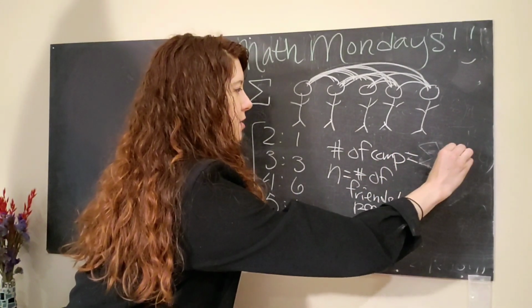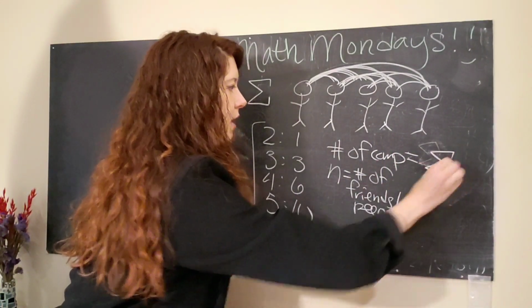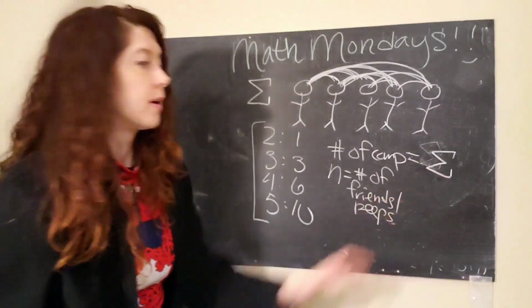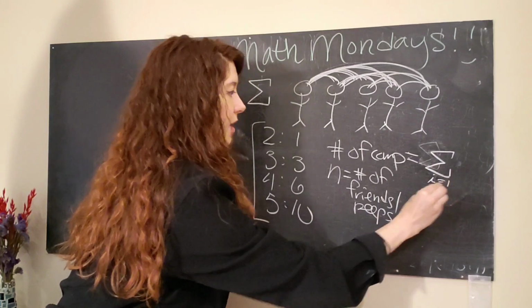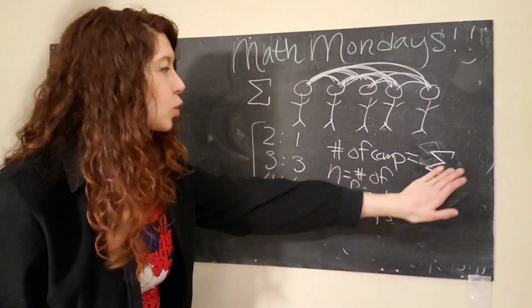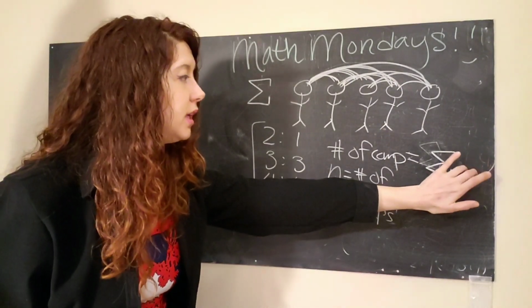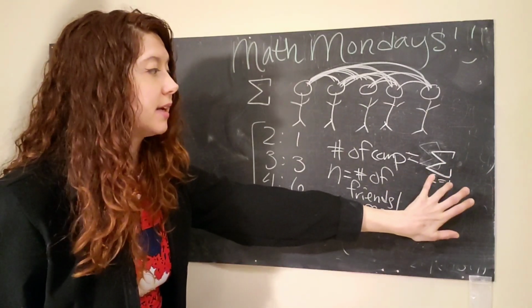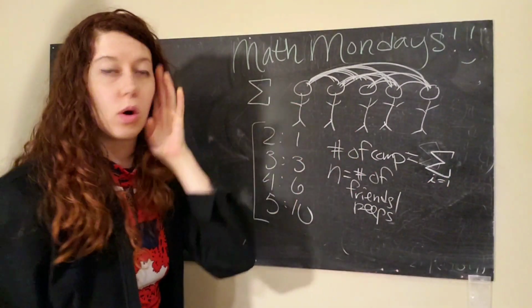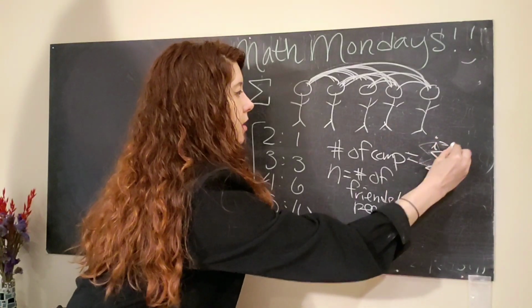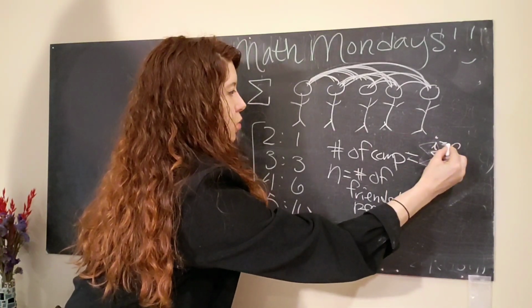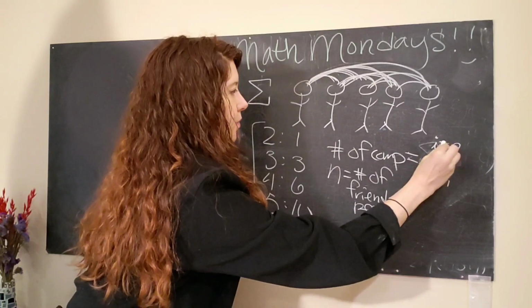So the number of comparisons equals the sum, starting at i equals 1. This is our index for each sum that we do here. i gets added by 1, or i increases by 1, and our ending state is when i equals n.